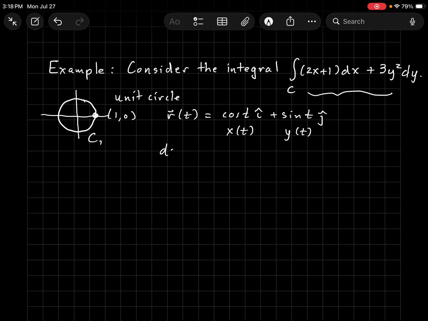Then dx equals negative sine t dt, and dy equals cosine t dt. Also notice that the t interval is 0 to 2 pi. We're going to go once around the circle.